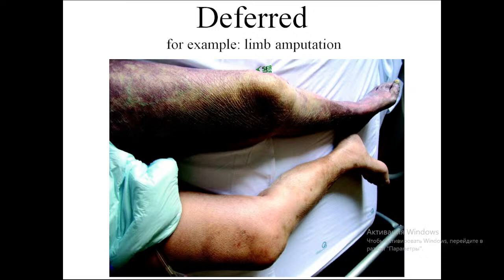For example, very commonly patients with diabetes have angiopathy of the vessels, and the result of this damage of vessels is necrosis, gangrene of the limb, and when the patient has gangrene of the limb, this patient needs limb amputation. It's a deferred surgery.